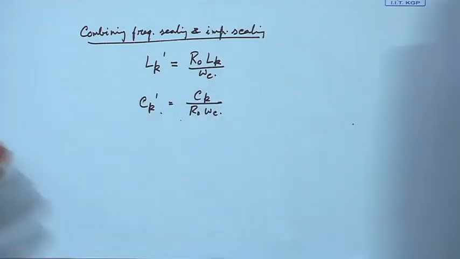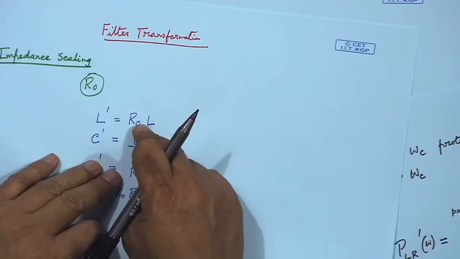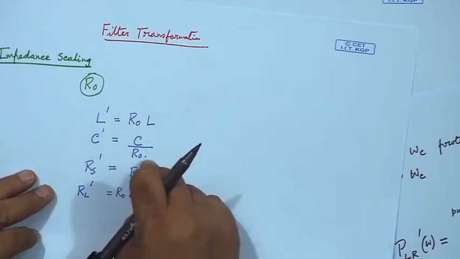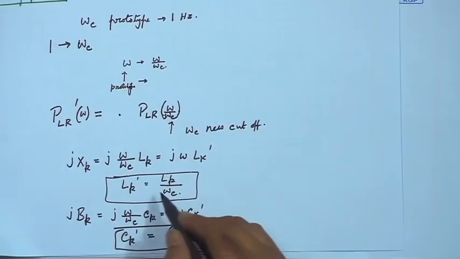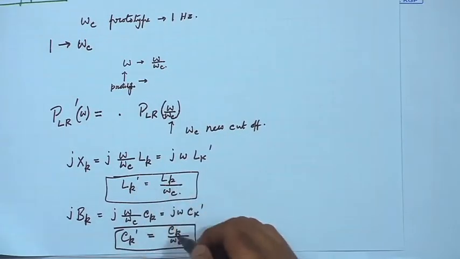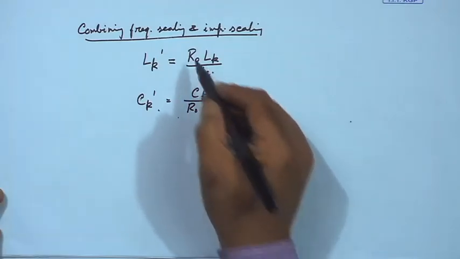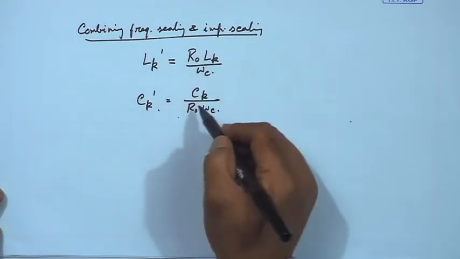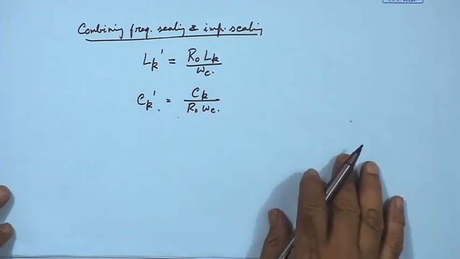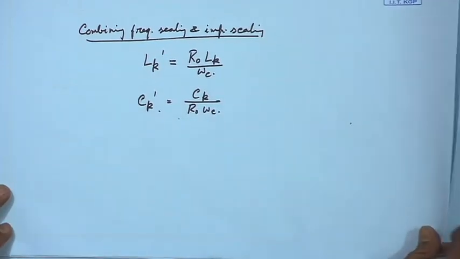The reason is that in impedance scaling, L dashed is to be multiplied by R0 and C dashed is to be divided by R0. For frequency scaling, both LK and Ck are to be divided by omega c. So both are divided by omega c, but one is multiplied by R0 and the other is divided by R0. So, this is frequency scaling and impedance scaling.